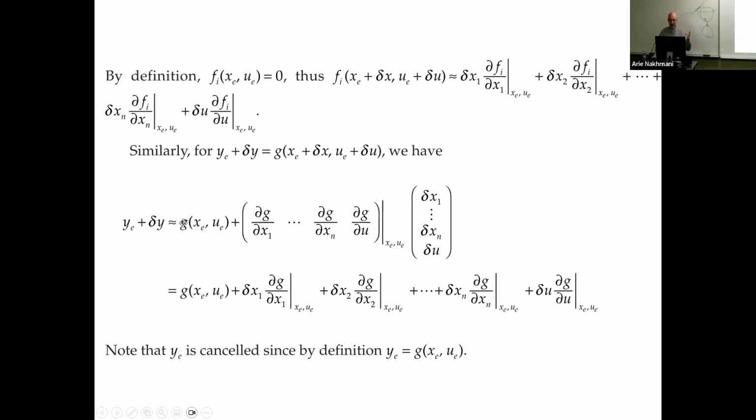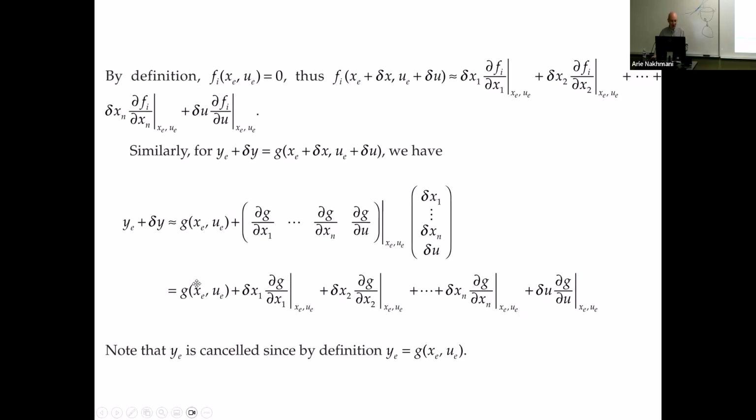Remember, we defined y equals g of x and u. So if I develop y into y_e plus small delta y, I will have a Taylor series of that, which will be that same constant thing at the same point of equilibrium, plus dg/dx1 and so on, that vector dot product with that vector, which will give you exactly the same linear thing.